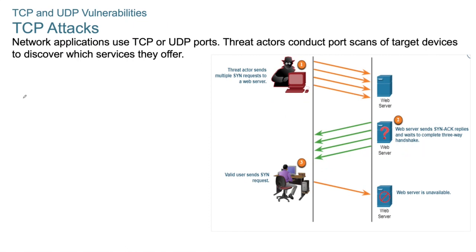In this figure, you can see a threat actor continually sending TCP SYN session request packets with a randomly spoofed source IP address to a target. The target device replies with the TCP SYN acknowledgement packet to the spoofed IP address and waits for a TCP acknowledgement packet.